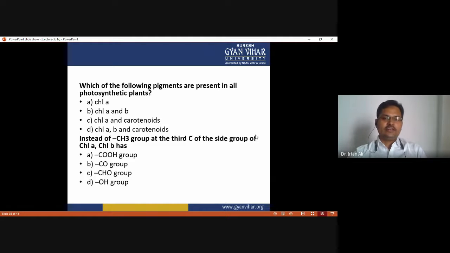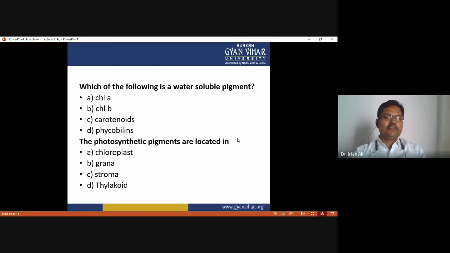Next question: instead of the methyl group at the third carbon of the side group of chlorophyll A, chlorophyll B has a carboxylic group, carbonyl group, aldehyde group, or alcohol group. And which of the following is a water soluble pigment: chlorophyll A, chlorophyll B, carotenoids, or phycobilins?